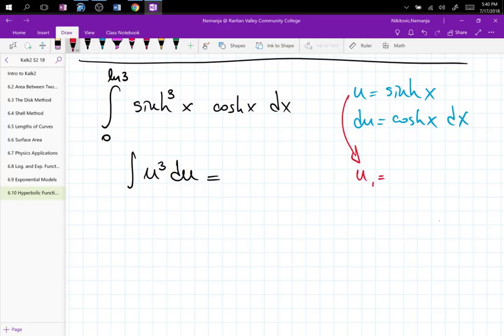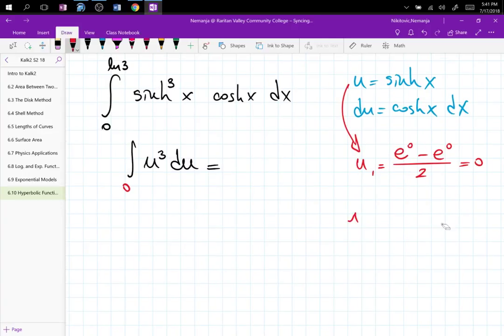So u1 is e to the 0 minus e to the 0 divided by 2, and that's 0. So the bottom limit remains 0 because sine hyperbolic of 0 is 0. Now u2 is going to have e to the ln 3 minus e to the negative ln 3 divided by 2.